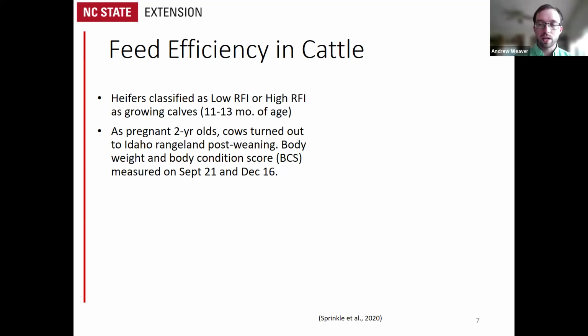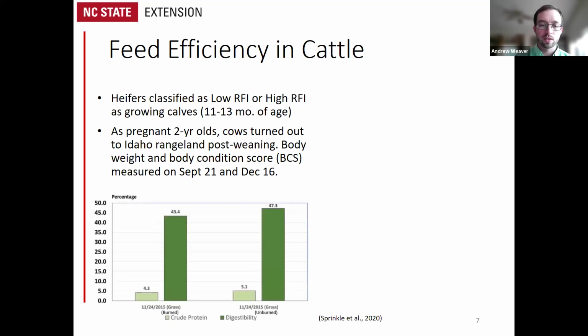They looked at measuring feed efficiency, RFI, in heifers as those growing calves. And then they took those same heifers, and when they entered production as pregnant 2-year-olds, they turned them out on rangeland and monitored weights and body condition scores as they're out there grazing in a relatively challenging, low input type environment. And so this just shows the nutrient composition there of the rangeland, and it's well below what would be considered nutrient requirements for that stage of animal.